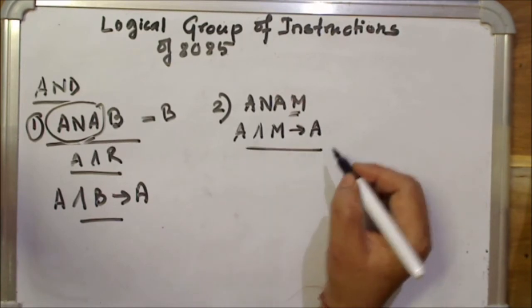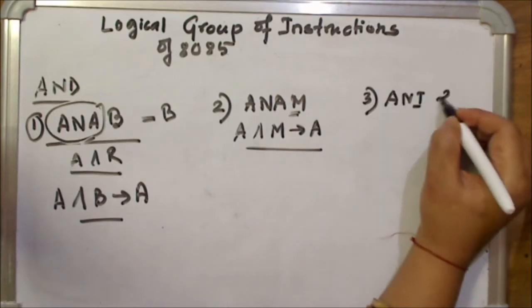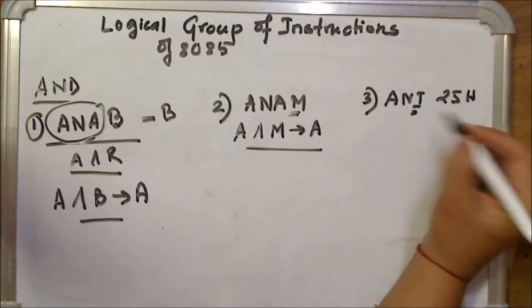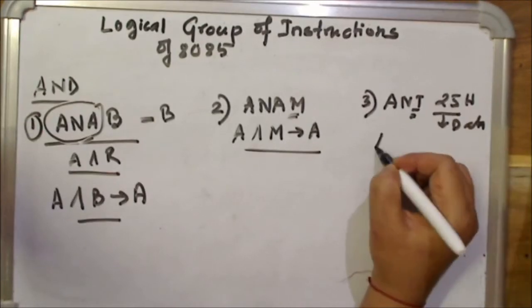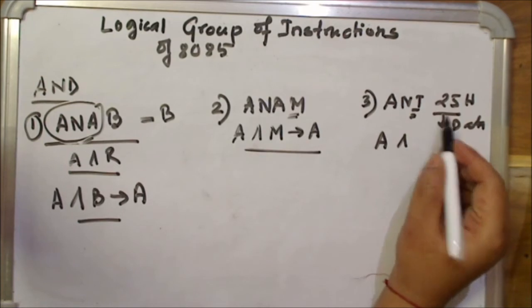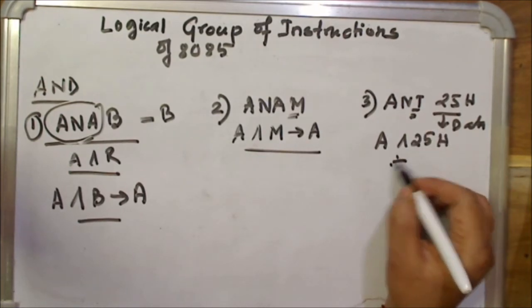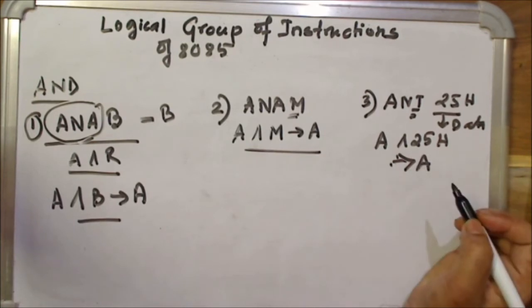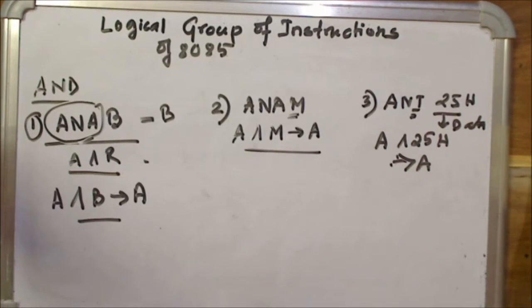Hope it is clear. Next instruction is ANI 25H. Now since I is there in the instruction, 25H is the data, right? So the contents of accumulator will be ANDed with the 8-bit data 25H, and the answer will be stored in accumulator. So these are the three instructions which deal with AND operation.